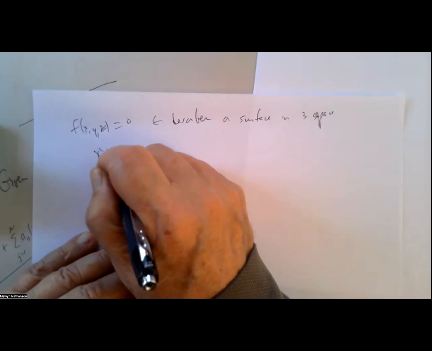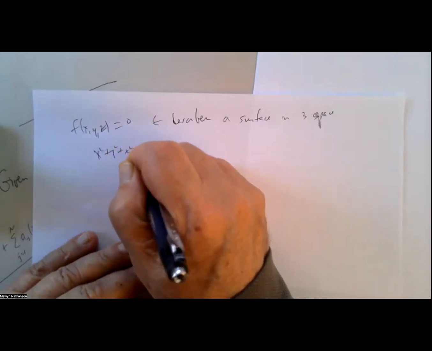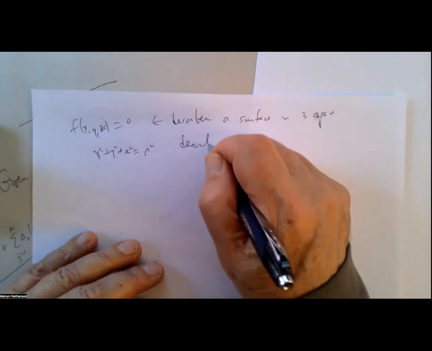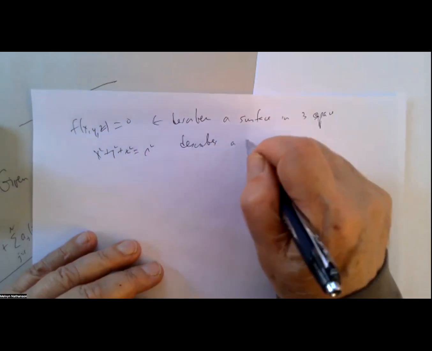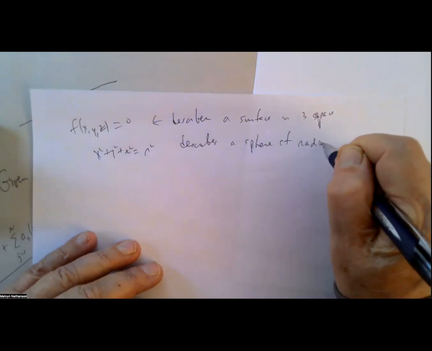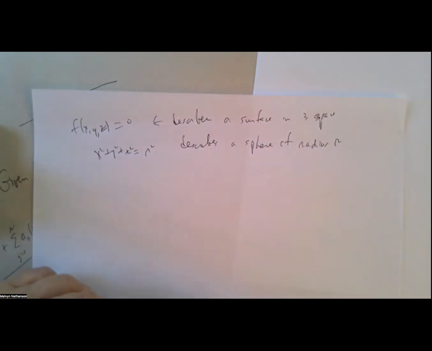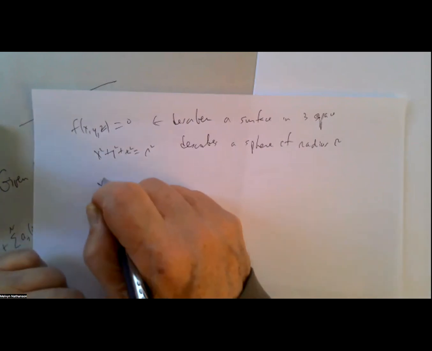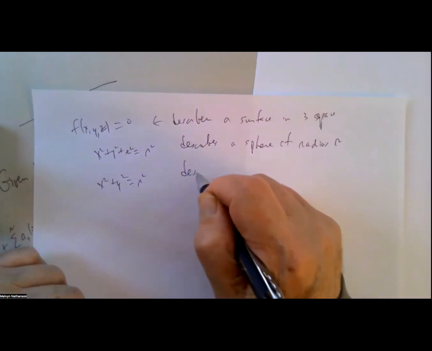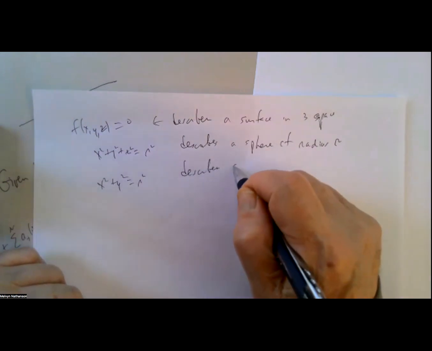Like x squared plus y squared plus z squared equals r squared. The set of points that satisfy this equation describes a sphere of radius r. x squared plus y squared equals r squared describes a cylinder.